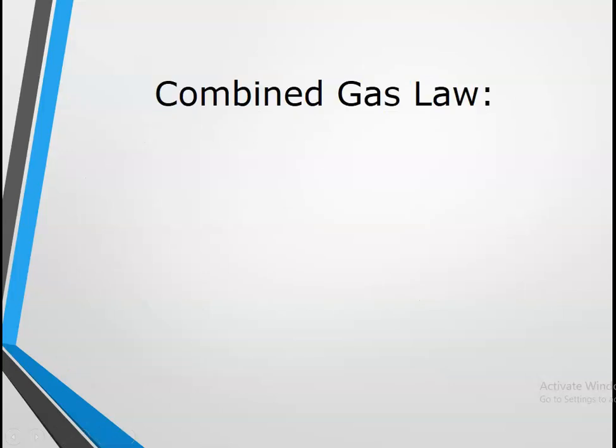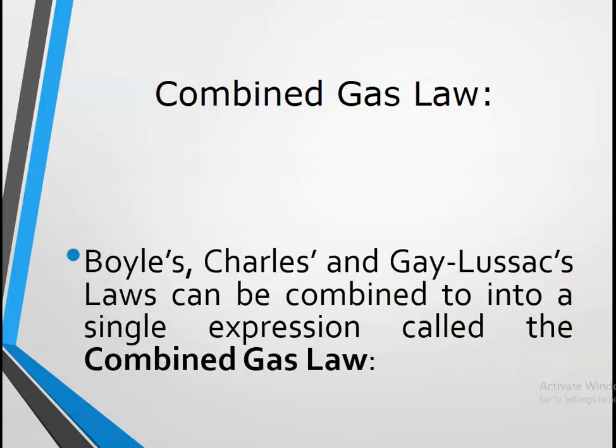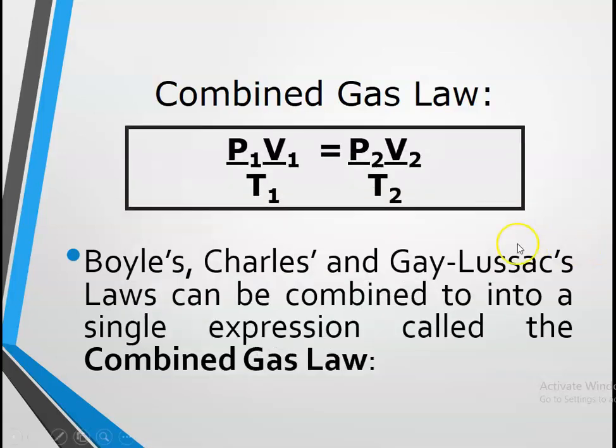So I want to go ahead and look at this combined gas law. Basically, all three of the simple laws are combined into one expression, and it looks like this. You have a pressure 1, so that's the beginning or initial pressure, and a volume 1 multiplied together divided by temperature 1.